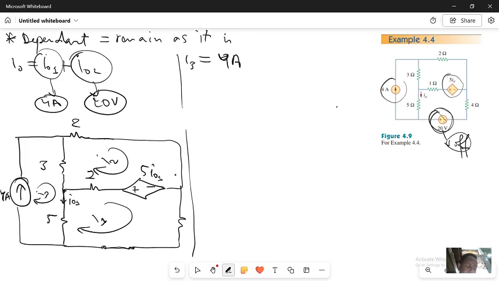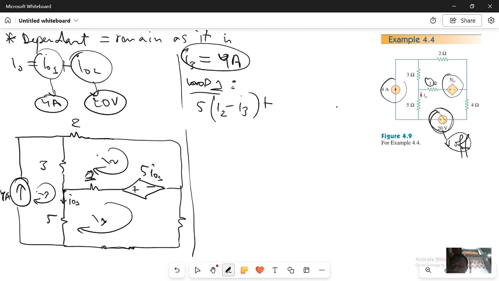Now let's take this mesh 1. In loop 1, I will have this one is going to be 5 ohms times (I1 minus I3), because the 5 is between loop 1 and loop 3, plus this one, which is 1 ohm times (I1 minus I2), plus this one is going to be positive, plus 5 I01.